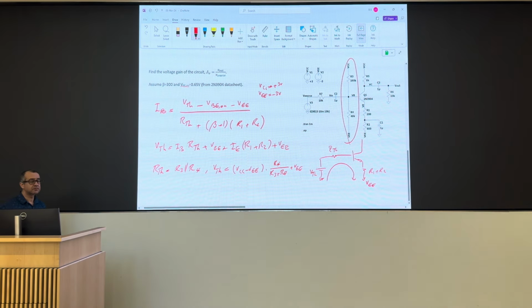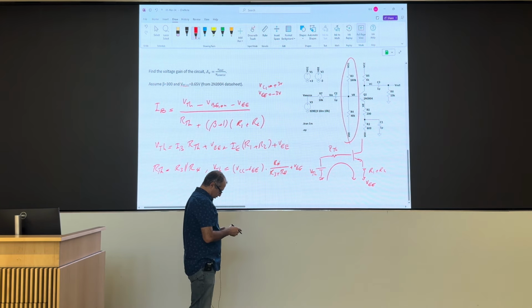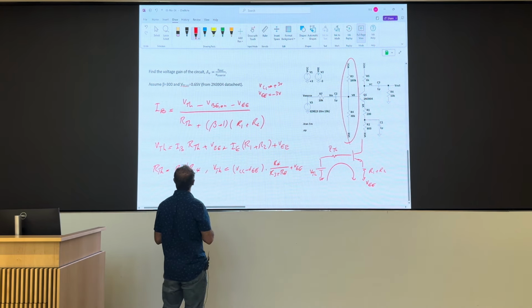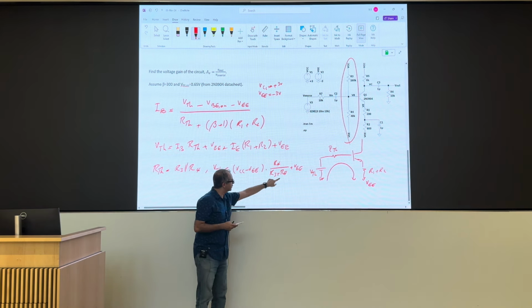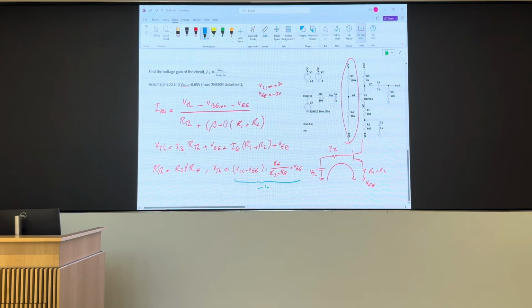Okay? So, let's see. Let's calculate this voltage first. This voltage is minus 1.8 volts.